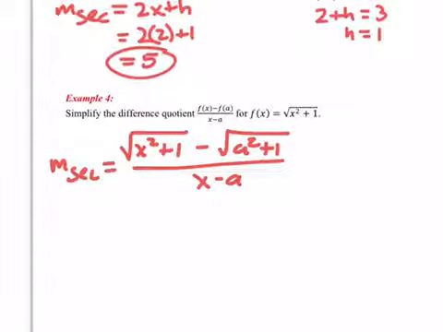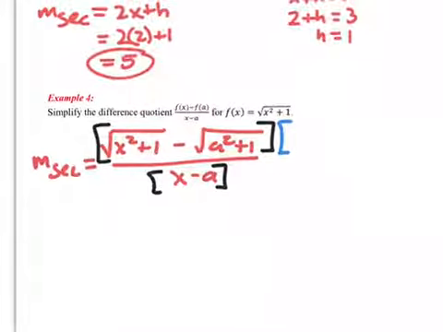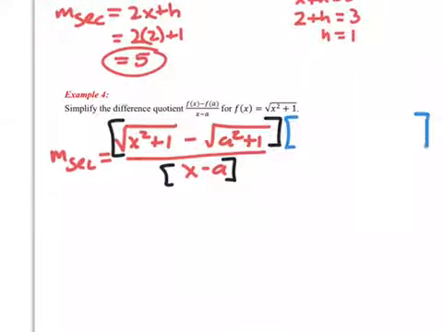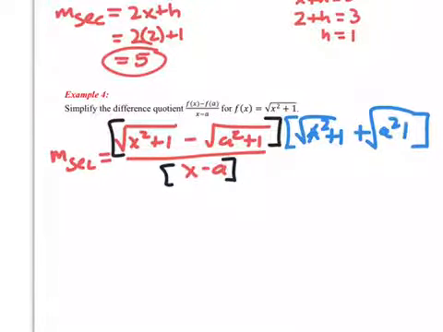Now a method commonly used when you see radicals like this is to multiply top and bottom by the conjugate of wherever you're seeing the radicals. So I'm going to multiply by square root of x squared plus 1 plus the square root of a squared plus 1. Same thing on the bottom.